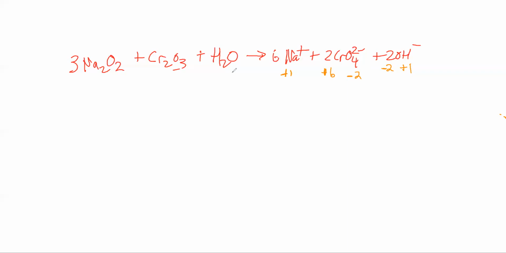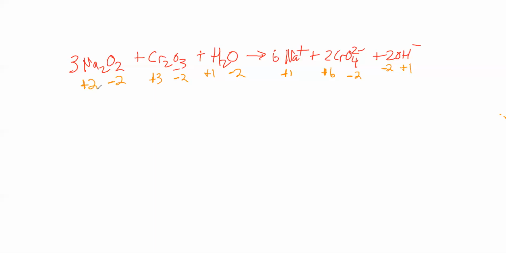Oxygen in the water, -2, and hydrogen +1. Now for my chromium oxide, if we assume that oxygen is a -2, then each of my chromiums has to be a +3. And then this becomes my last tricky one. Normally we would say that our oxygen should be a -2, which makes each of these sodiums a +2.